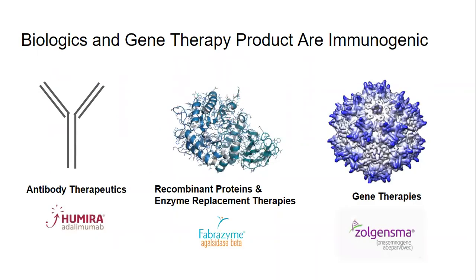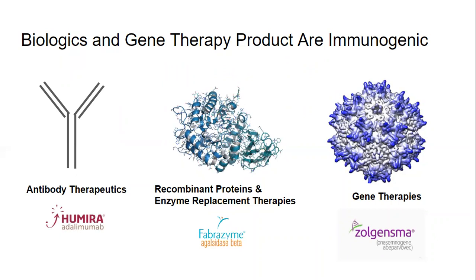First of all, what are biologics and gene therapy products? Biologics and gene therapy products are a class of molecules that include antibody therapeutics such as Humira or adalimumab, recombinant proteins and enzyme replacement therapies such as Fabrazyme, and gene therapies such as Zolgensma.